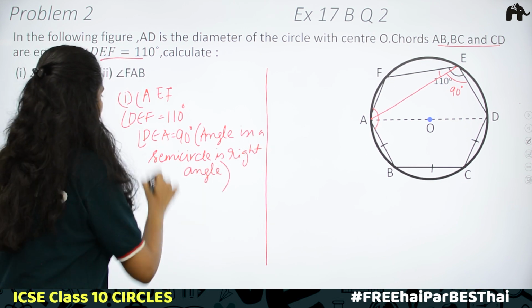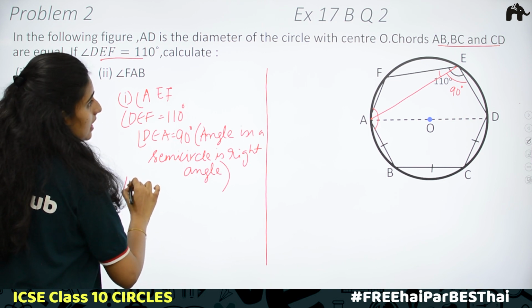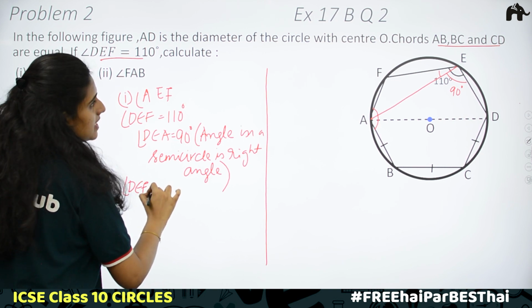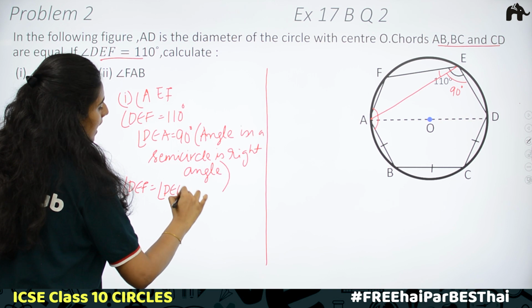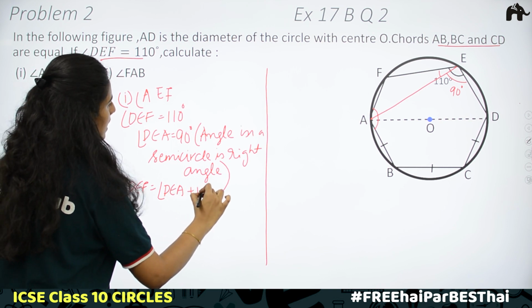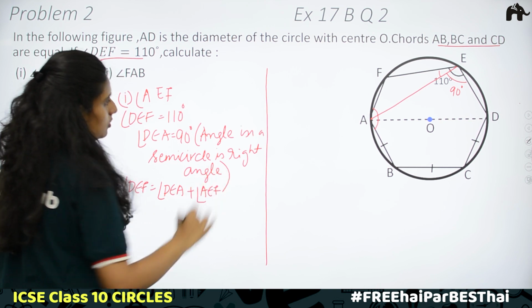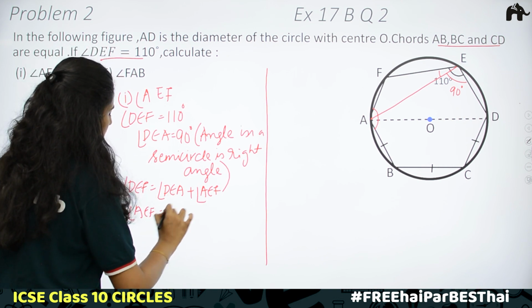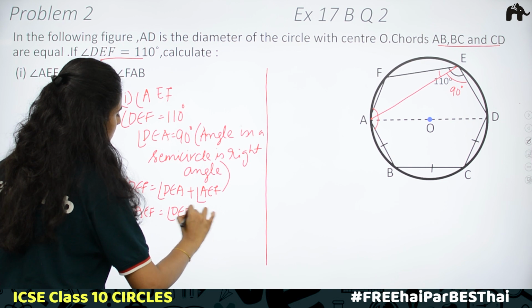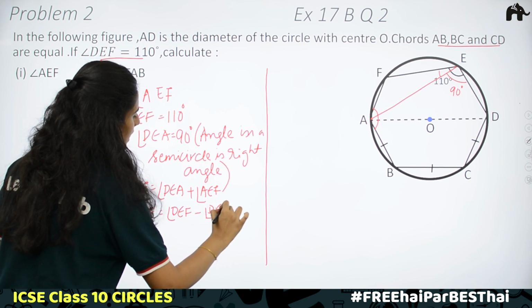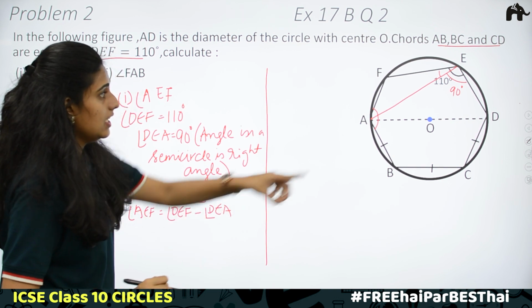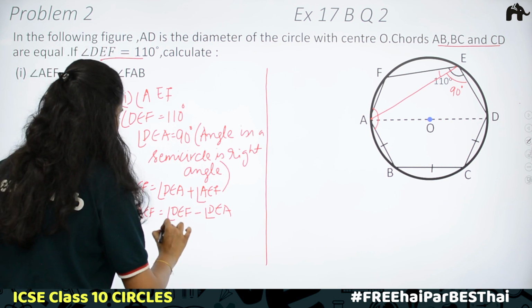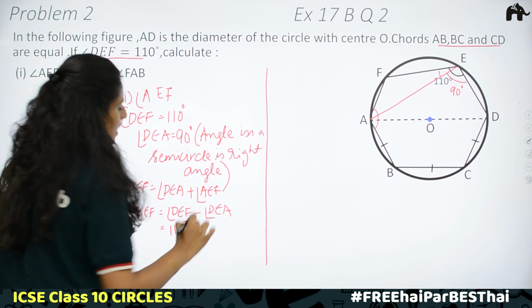Therefore, angle DEF is equal to angle DEA plus angle AEF. Then what is AEF? Angle AEF is equal to angle DEF minus angle DEA. DEF, the total angle, is 110 degrees, minus DEA.